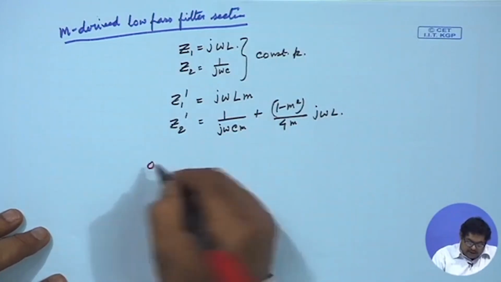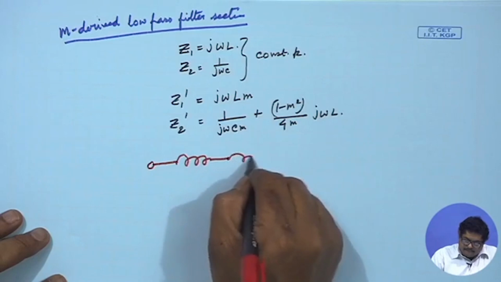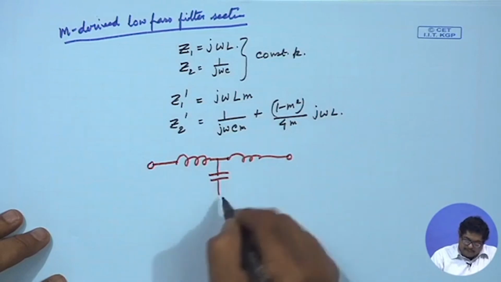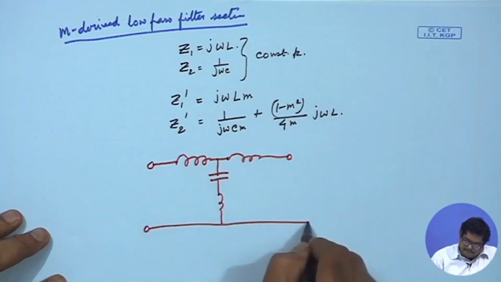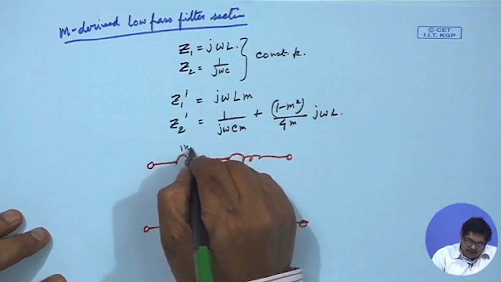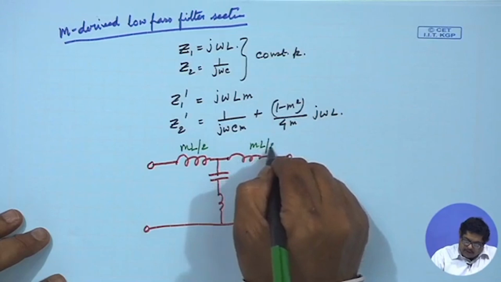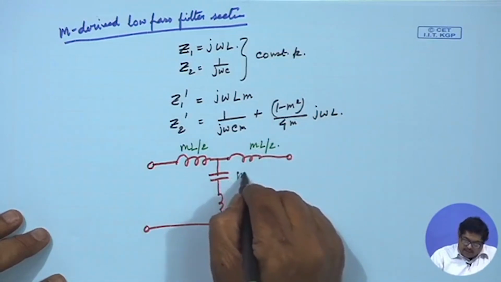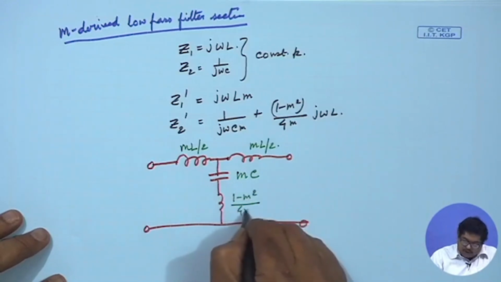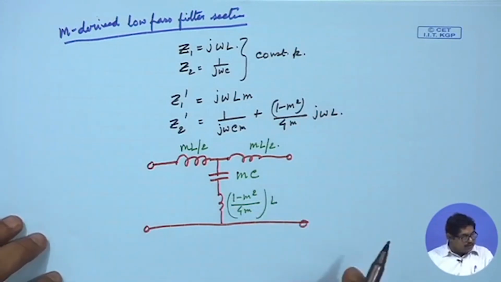It will look like this: this will be m L by 2, this will also be m L by 2, this will be m into C, and this will be 1 minus m square by 4 m into L. Okay. So, this is an m-derived section.